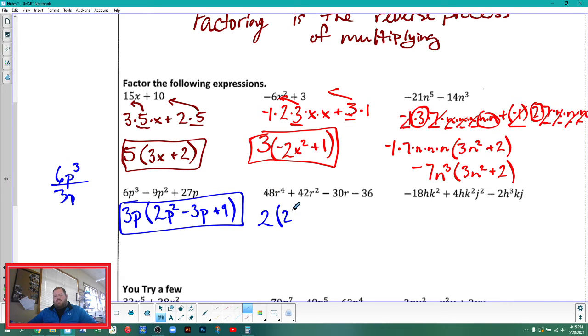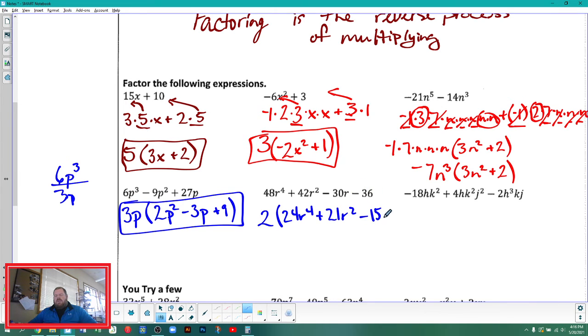48 divided by 2 is 24. 42 divided by 2 is 21. 30 divided by 2 is 15.